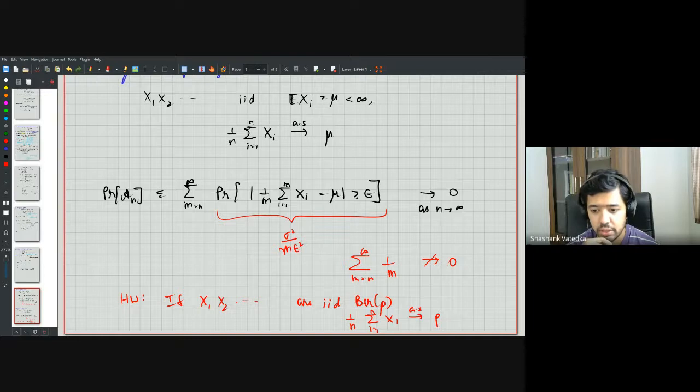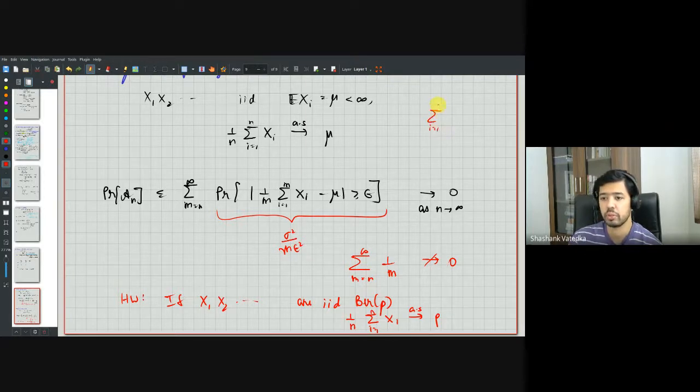So if you have a sequence of n IID random variables and you look at summation i going from 1 through n, xi minus n times mu divided by n sigma square, then this quantity converges in distribution to a Gaussian.